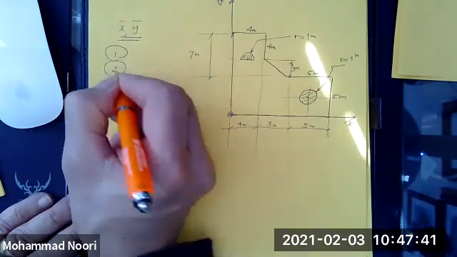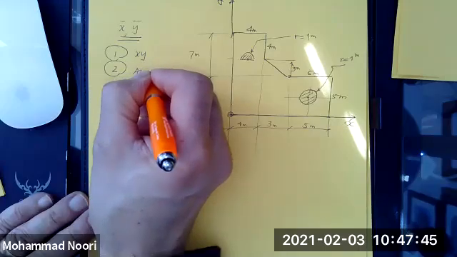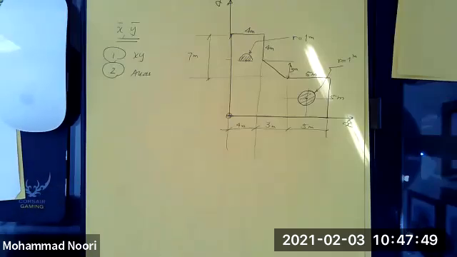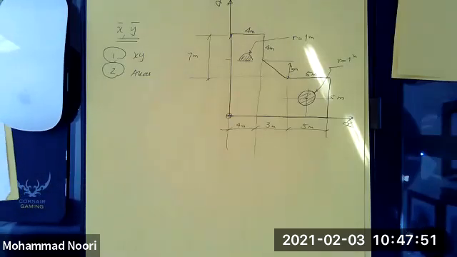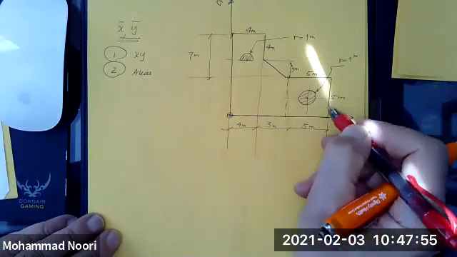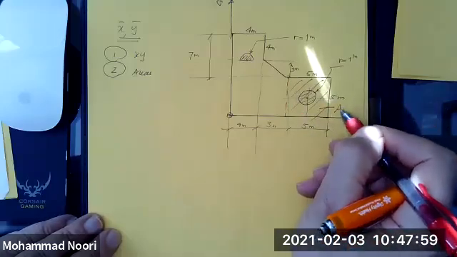Step 2, divide into areas. This is how I'm going to divide this shape. I will consider this square as area 1.